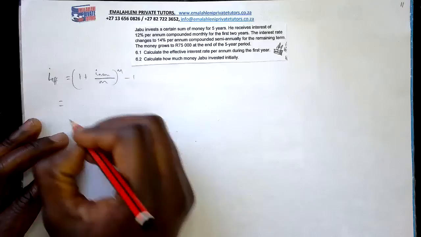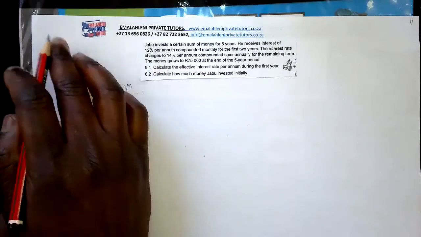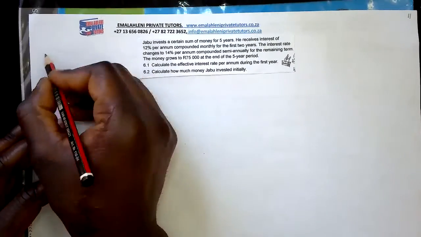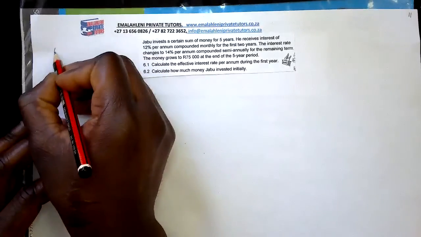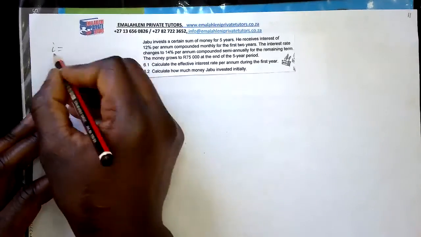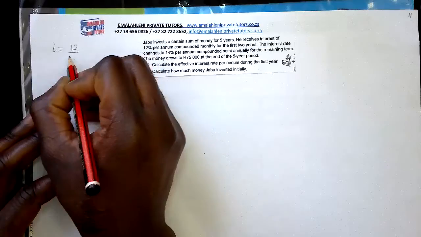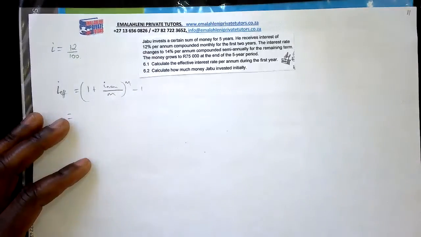Then what do we get there? For the first 2 years, our I nominal is 12 over 100, which is 0.12. Our M, monthly, is equal to 12.